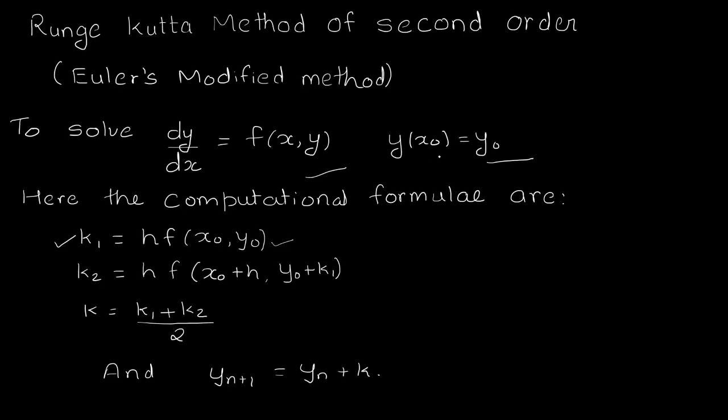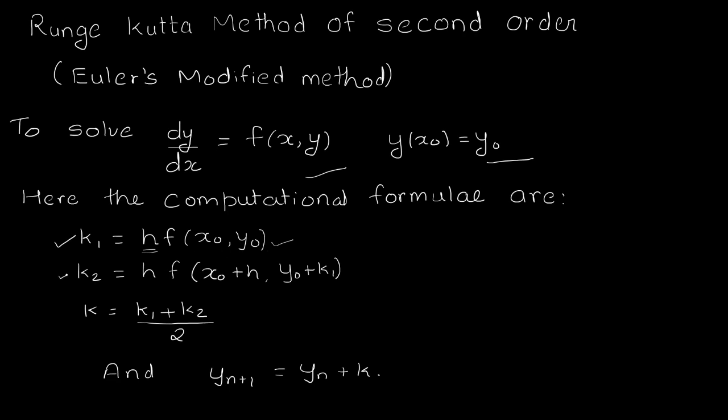Finding this is easy, because x naught and y naught will be given to you. h is the distance between two points x0 and x1, x1 and x2, etc. And that h value, also called the step value, is also given to you. So once that has been done, you will be able to find k1.